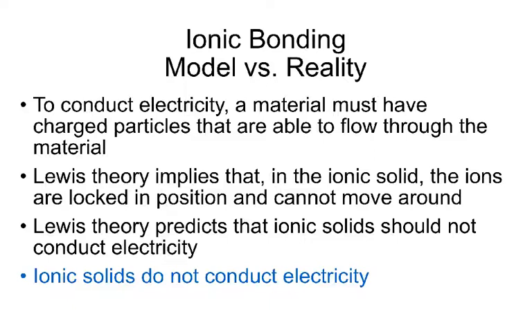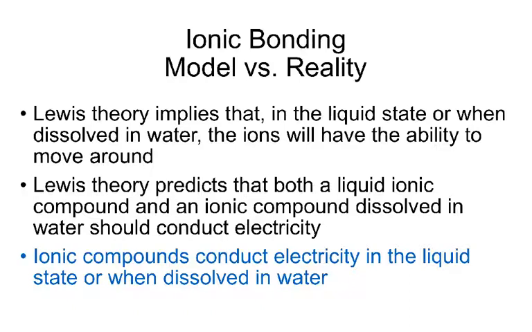And then conducting electricity, we need charged particles flowing through. And because our ions are locked in position, they should not conduct electricity in the solid state, which is true. But when you dissolve them in water, we get ions floating around, which allows for electricity to move through.